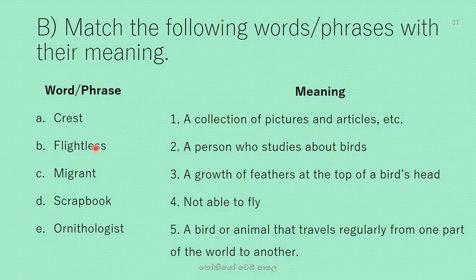So can you try to see which is the correct meaning out of these 5 that matches these 5 words. I will just read the meanings as well. A collection of pictures and articles, etc. This etc. means there can be some more, like pictures and articles. A person who studies about birds.